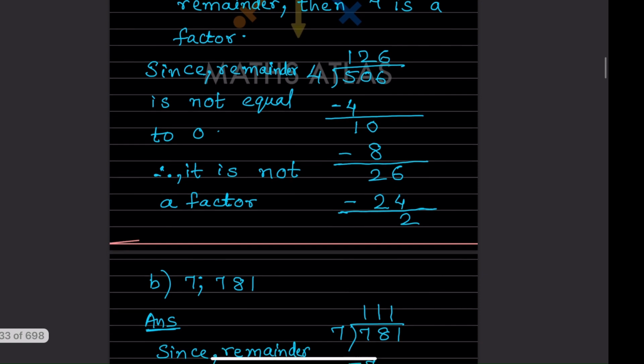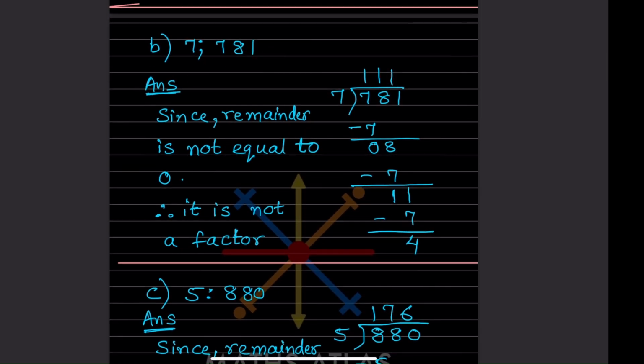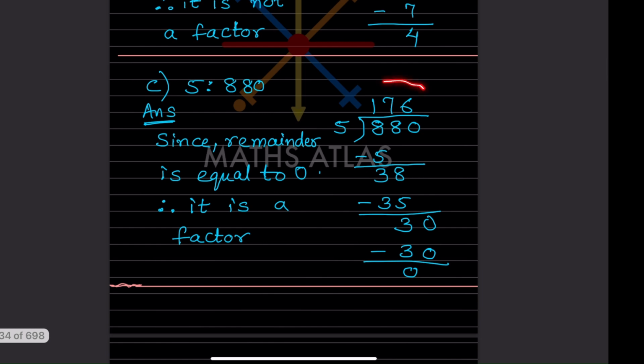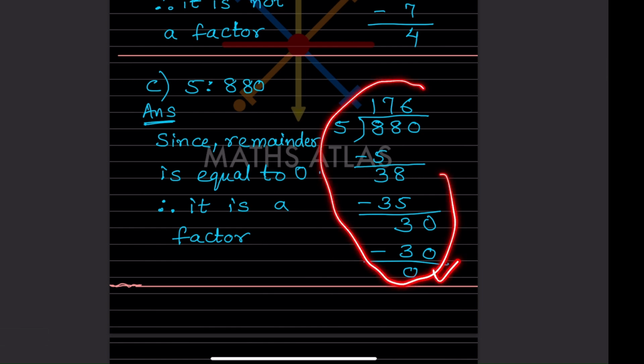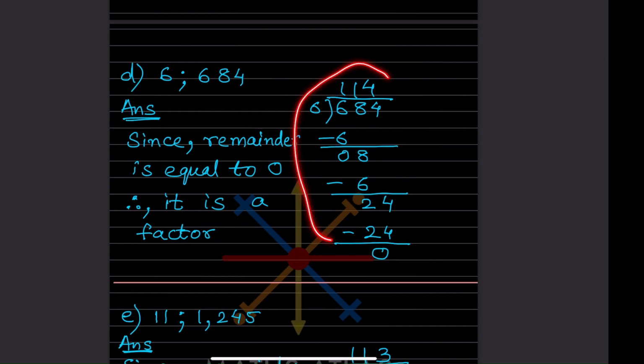This is very easy. Again, now you will look at this one, 7 and 781. So again you will divide and see the remainder is 4. So therefore it's not a factor. Again for this one, yes, here we can see the remainder is 0. So since the remainder is equal to 0, therefore it is a factor. Again here when you divide this and this one, the remainder is 0.